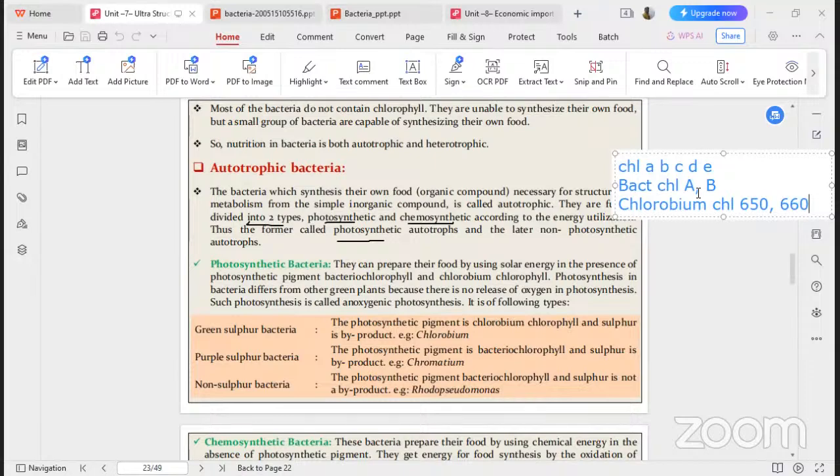With that, we know oxygen is evolving from H2O, water, not from CO2. The oxygen is separated from H2O, and the hydrogen is utilized in ATP synthesis.